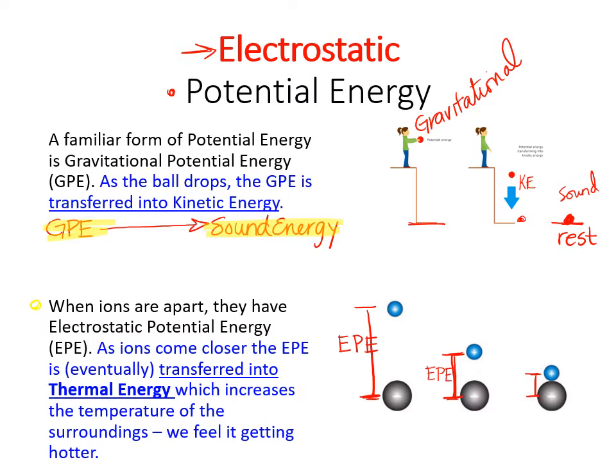And then finally, they're as close as they're going to get. So it lost a great deal of electrostatic potential energy. Where did it go? The answer is all of that electrostatic potential energy was transferred into thermal energy.